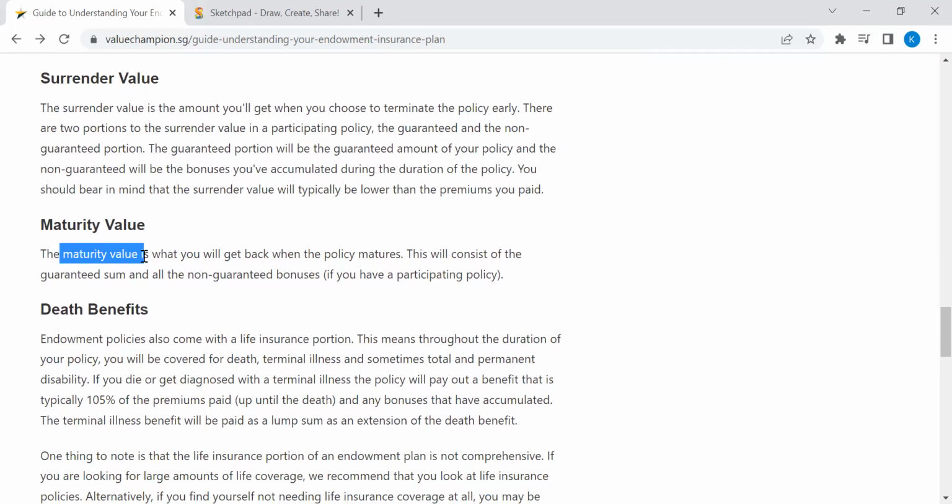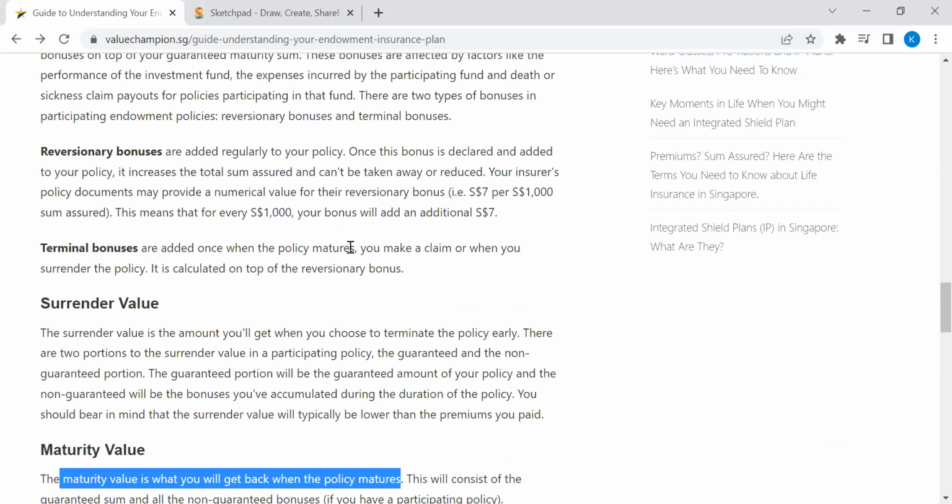So maturity value, we just explained what it is. It's the amount of money that you will get back when the policy matures. It will consist of two components. One is the guaranteed portion. The other is the non-guaranteed portion. The non-guaranteed portion is your reversionary bonuses that you collected over the years, as well as the final terminal bonus.